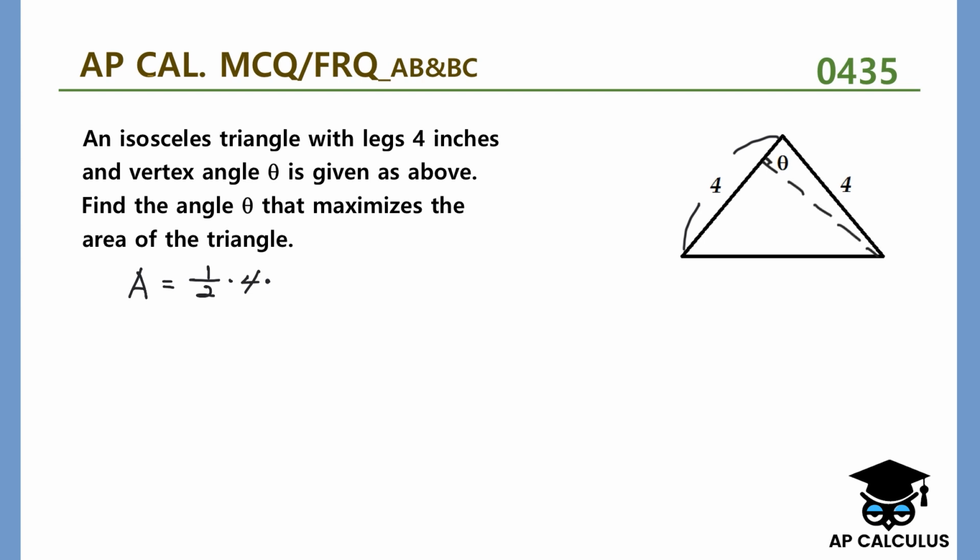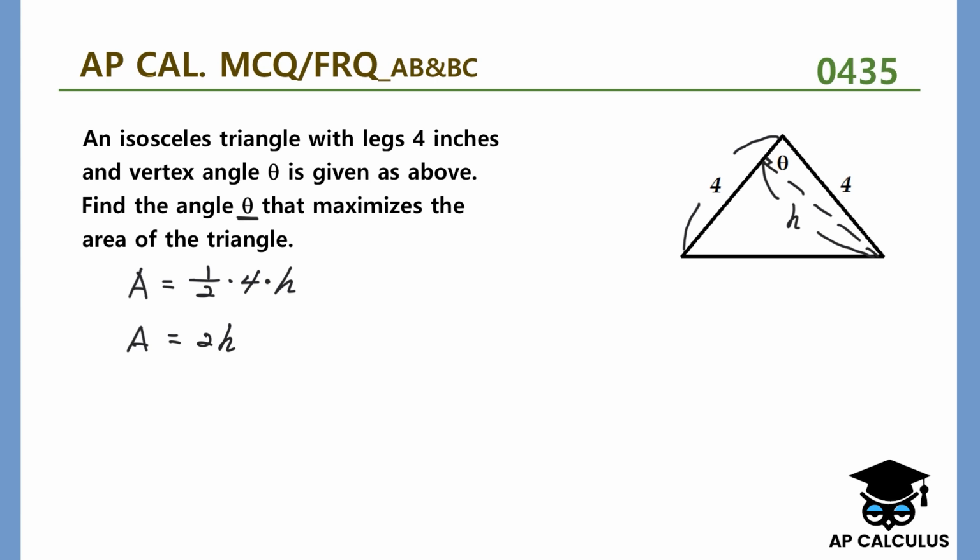This is a right angle. That's going to be the height. So this is equal to 2h, right? Area is 2h. And we have to write h in terms of theta, right? So that we can find the angle theta that maximizes the area of the triangle.